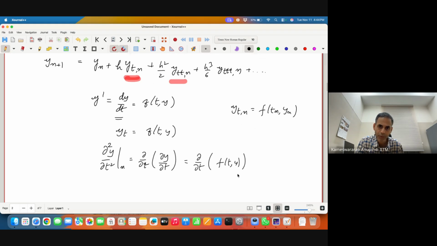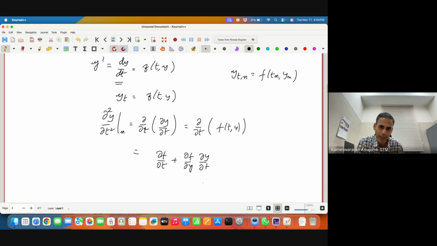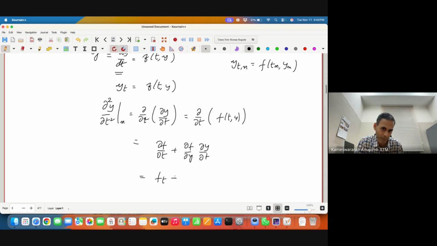Okay, this is with respect to time, but then there are two variables t and y. T we can directly calculate, but y is a function of time as well, right? So as a result, we can write this as dou f by dou t plus dou f by dou y times dou y by dou t, right? If that is the case, I can write this as ft plus fy times dou y by dou t, which is again f, because we just wrote dou y by dou t equals f, that is given in the problem.